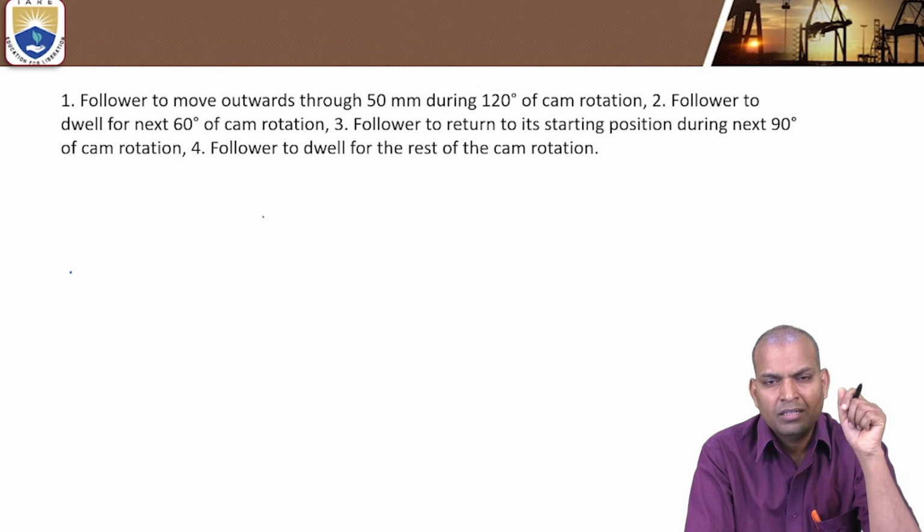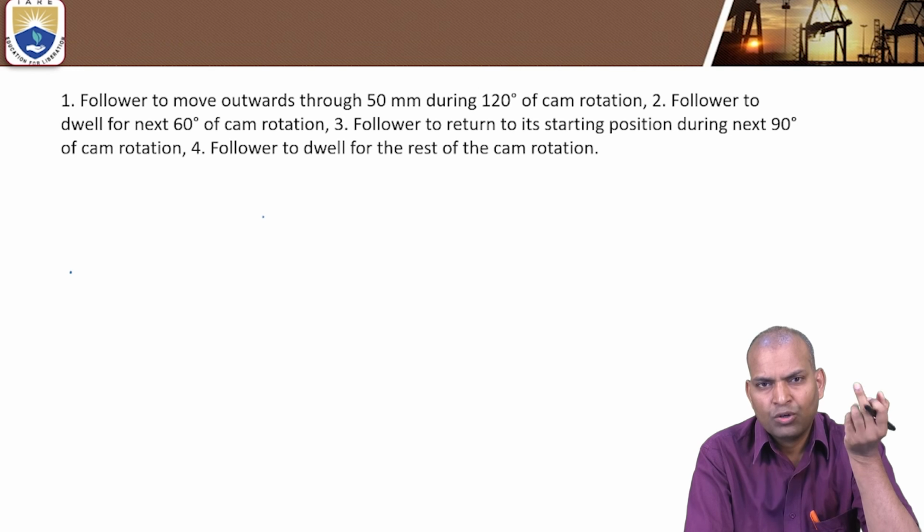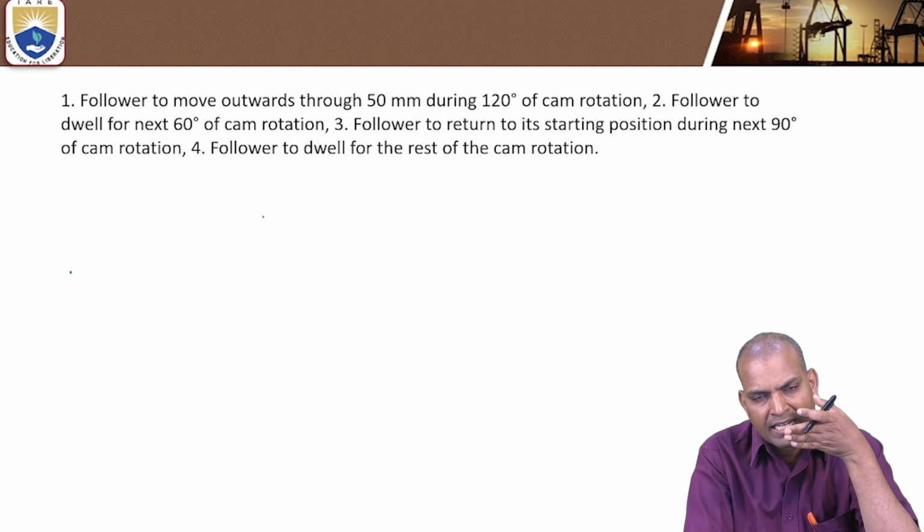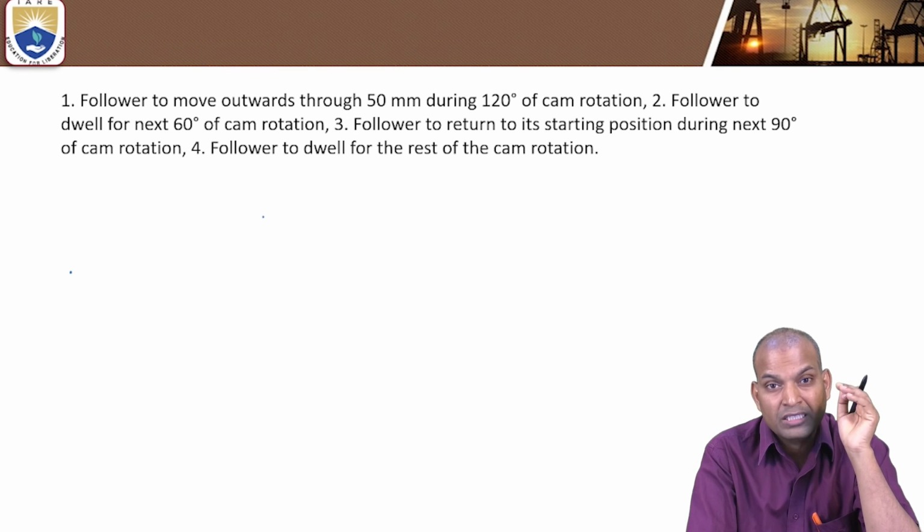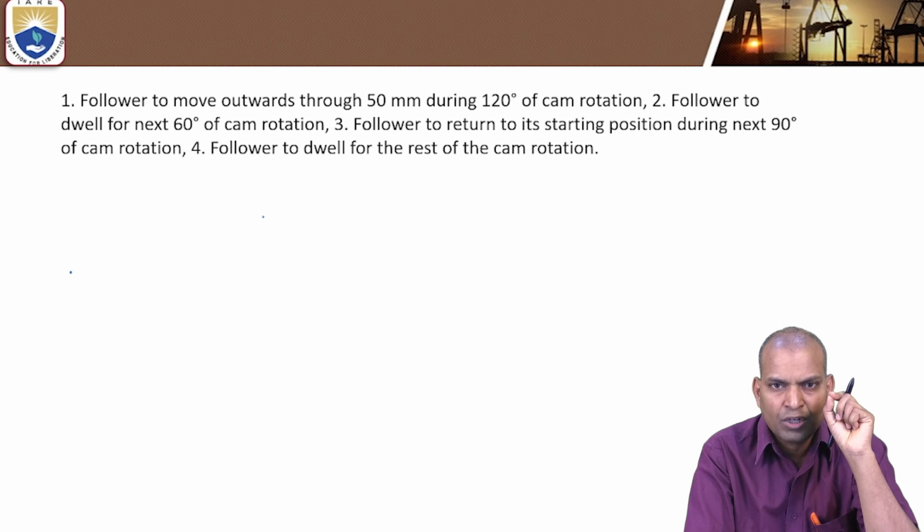And for a roller follower, we have to draw a prime circle. Passing through the prime circle divisions, we draw these tangential lines. On those tangential lines, we have to mark the trace points, the centers of the rollers. Those centers of the roller are the tracing points.